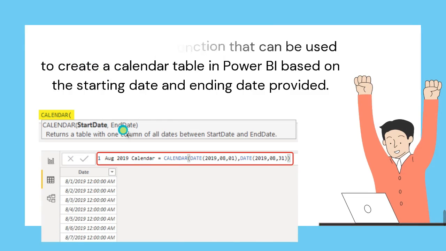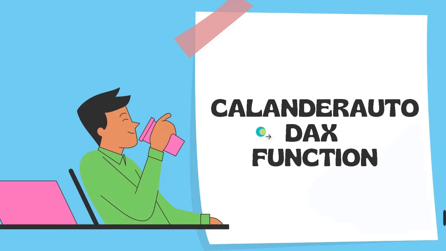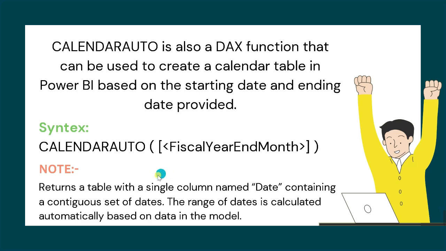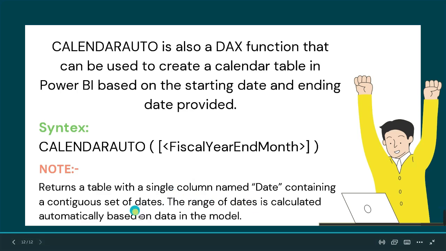But in the case of the CALENDARAUTO DAX function we do not need to give any parameter inside. It will automatically create a calendar table for you which contains a column called date, and inside the date column the range of the dates is calculated automatically based on the data in the model.